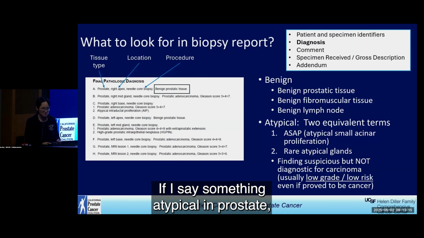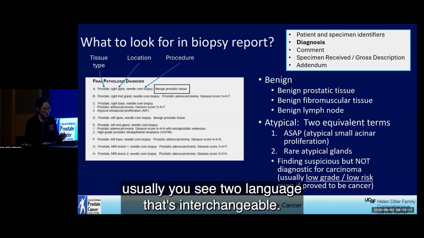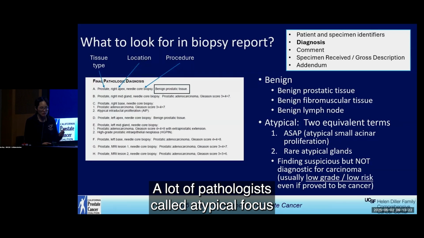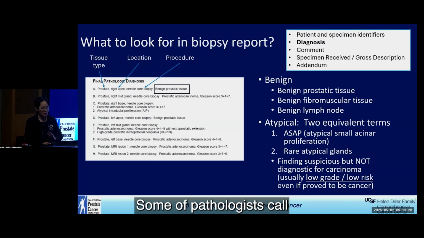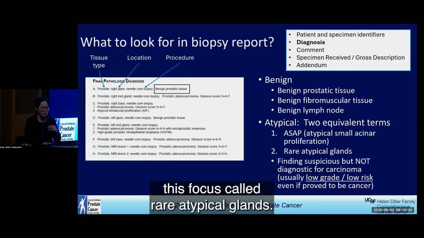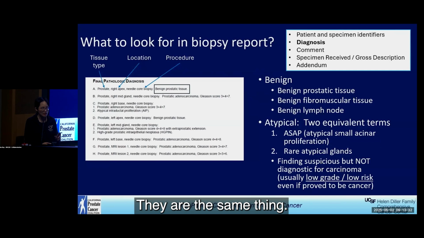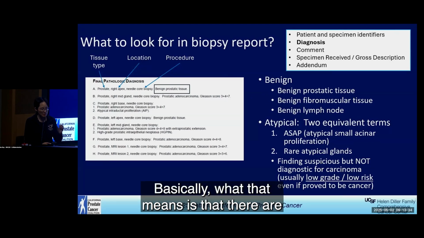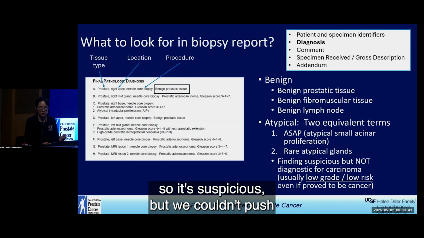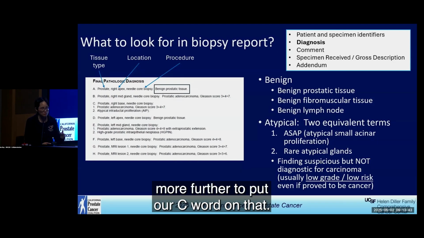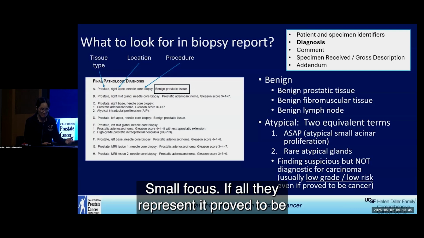And if I say something atypical, in prostate, usually you see 2 interchangeable terms. A lot of pathologists call an atypical focus ASAP, or atypical small acinar proliferation. And some pathologists call this kind of focus rare atypical glands. They are the same thing. So basically what that means is that there is a small focus with some features suggestive of cancer, but not diagnostic. So it's suspicious, but we couldn't push further to put our C word on that small focus.